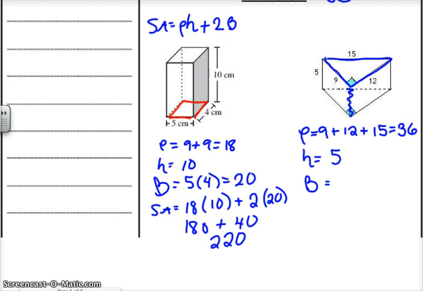But it's base times height of the triangle, not of the prism. So anytime you're given a 90-degree angle with a triangle, the 9 and the 12 create the base and height. They're the legs. So it would be 9 times 12 divided by 2. Base times height of the triangle divided by 2. 54.